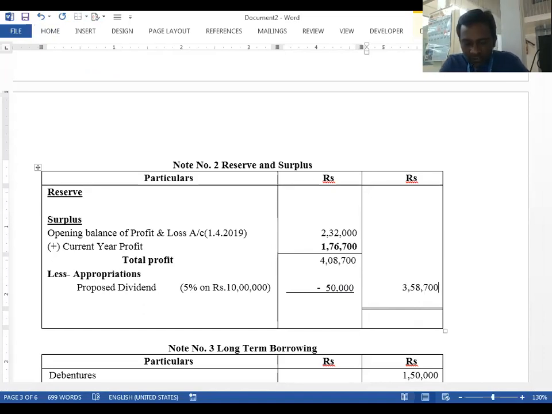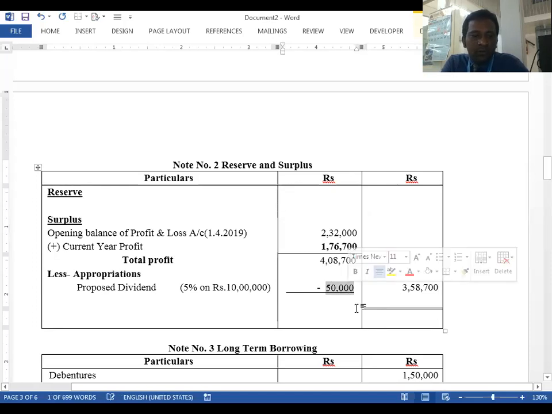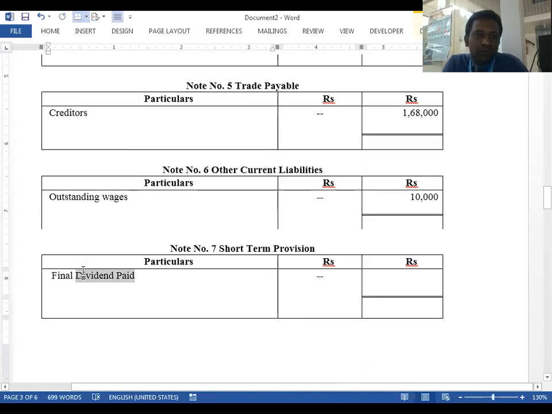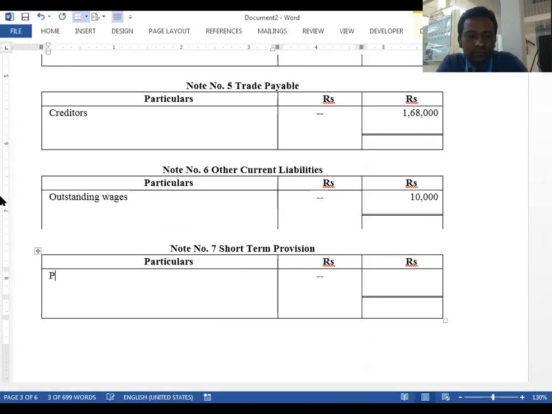And we create appropriation for proposed dividend of rupees 50,000. So it becomes a provision. We have separate notes in this regard. Short-term provision, proposed dividend, 50,000.